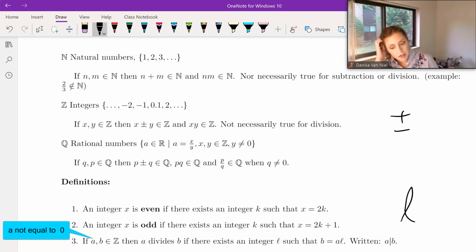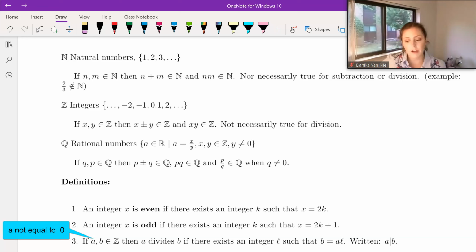That kind of makes sense with how we think about division. If 3 divides 6, what you're really thinking is 6 divided by 3 is 2, so it's an integer. The way we're talking about it here, we would say 6 equals 3 times 2. So 3 divides 6. But that also means that 2 divides 6. These are important definitions that you'll need to know.